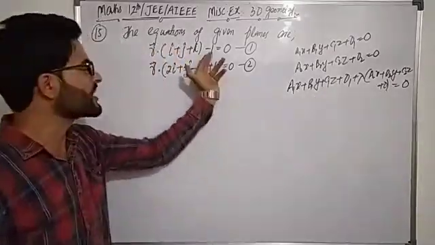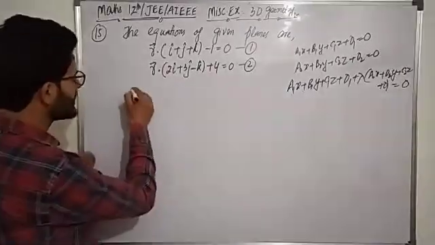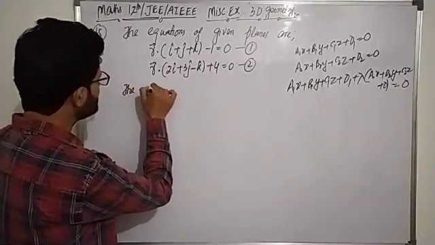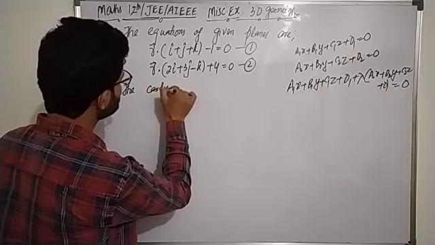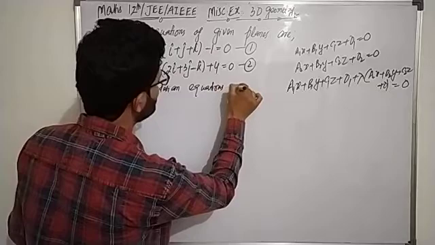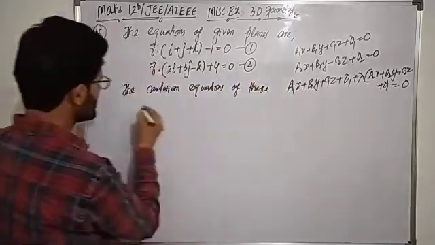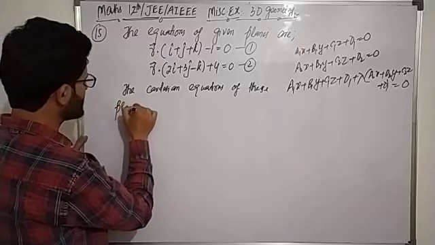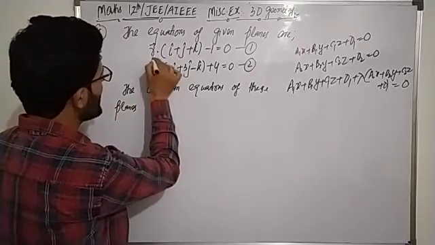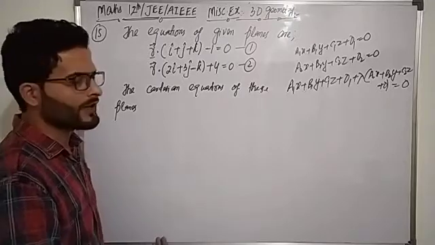So first we have to change these two equations into Cartesian forms. What would be the Cartesian equations of these planes? r vector is actually xi plus yj plus zk, the position vector of an unknown point.